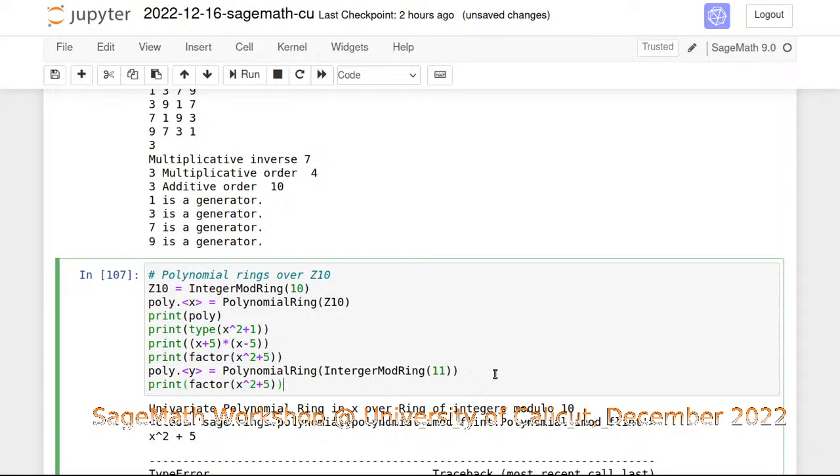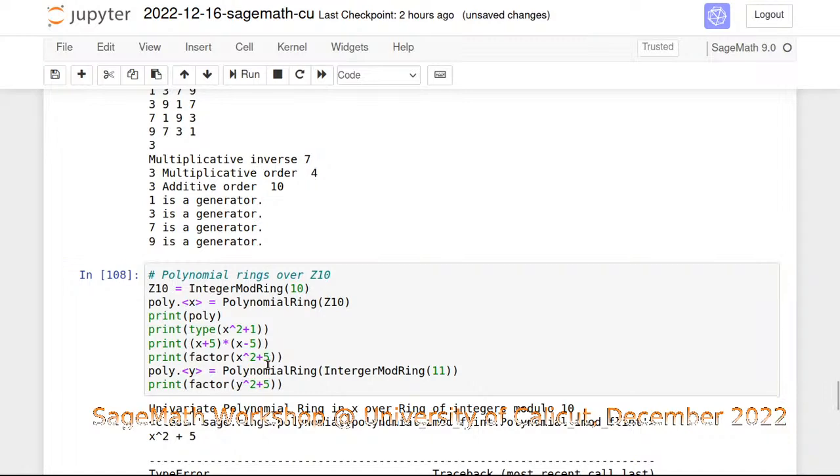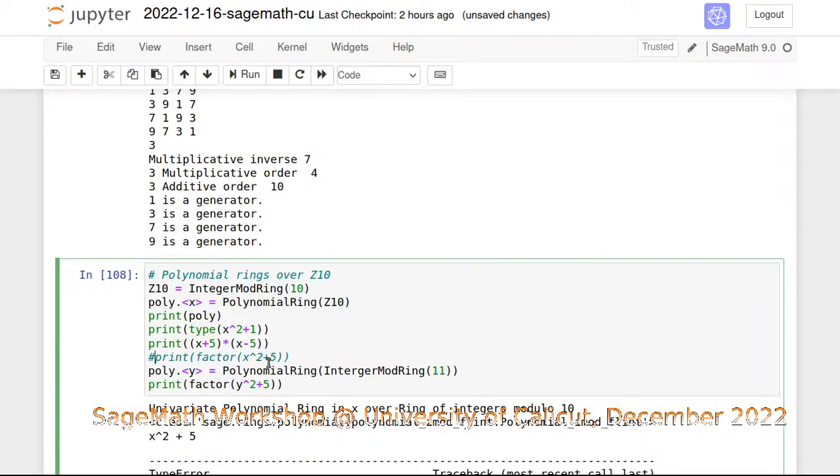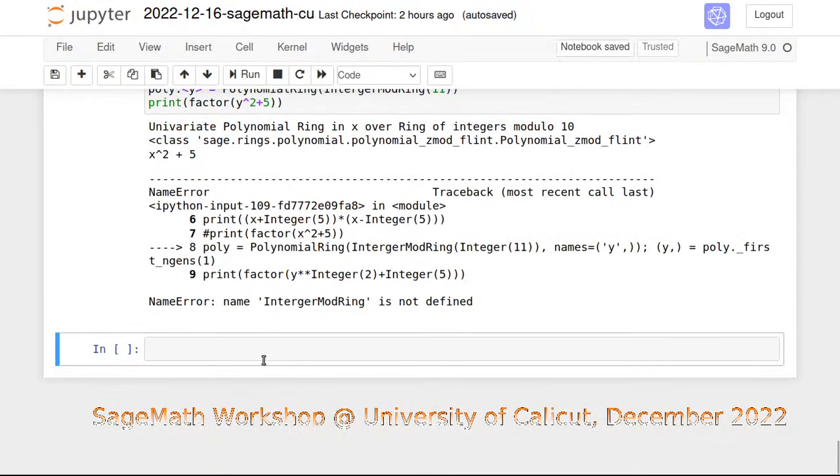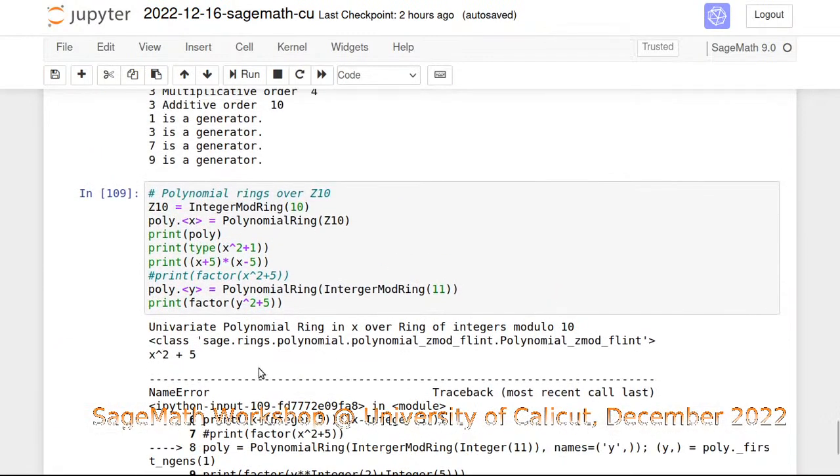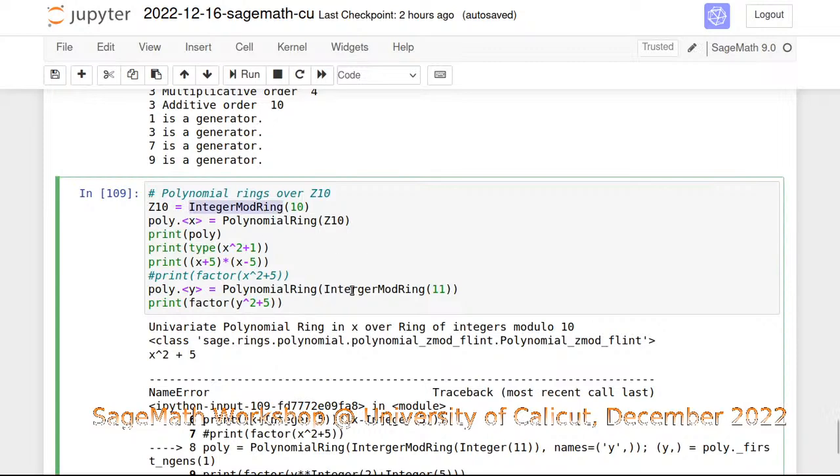Now try. Oh, but there is still an error. I should suppress that. Integer mod ring. What is that? Oh, sorry, that's wrong.